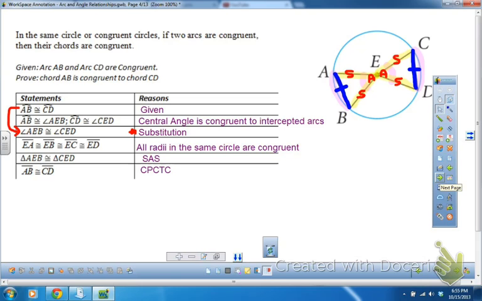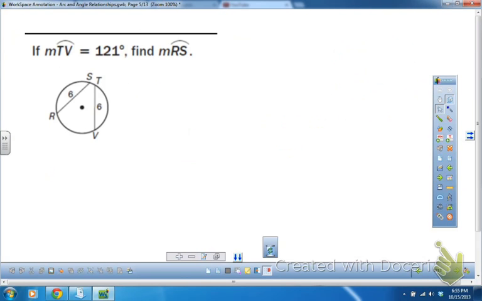So let's just practice that with a couple of examples. The theorem states that if you have two chords that are the same, in this example, RS would be congruent to VT.